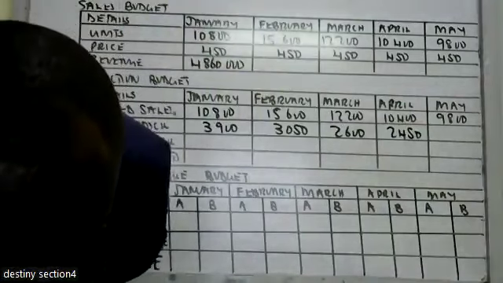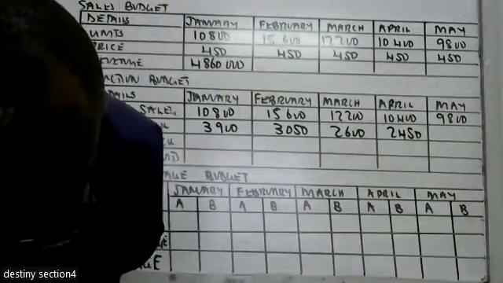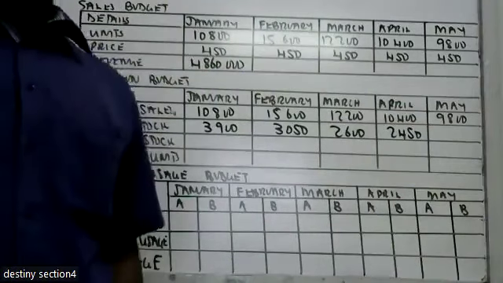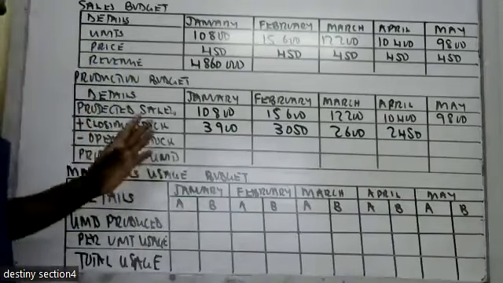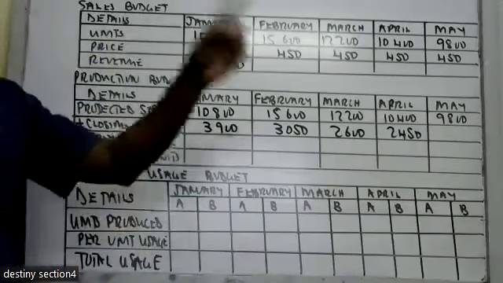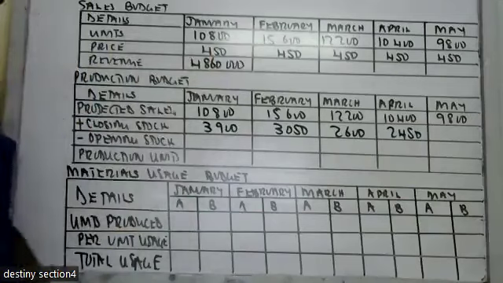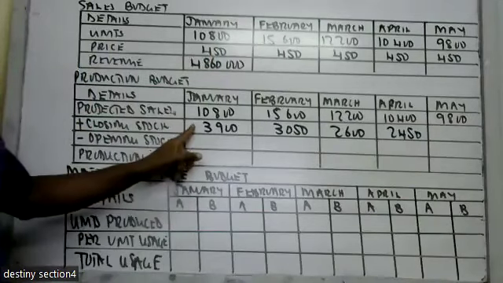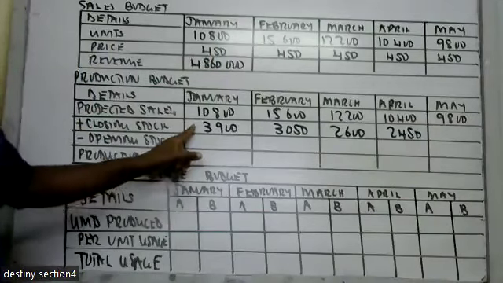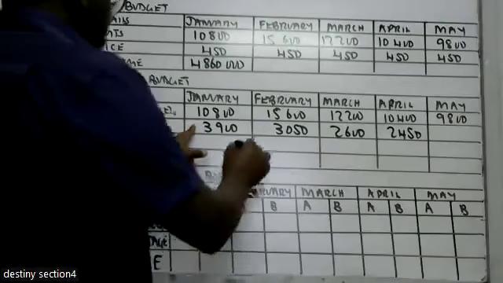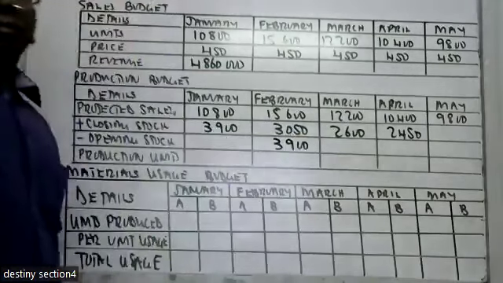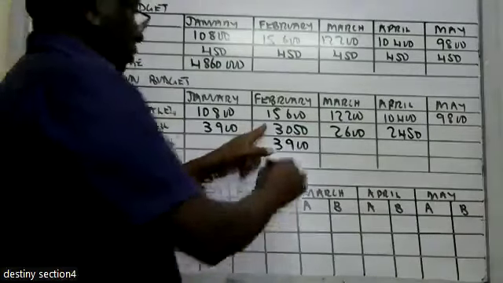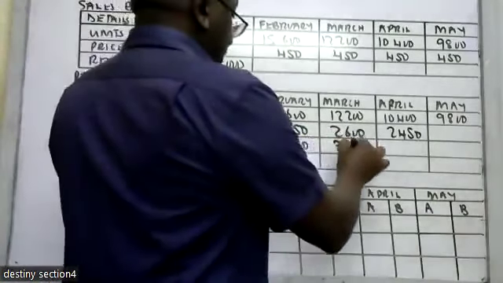Now the question has not mentioned anything to do with opening stocks. But we know what we said yesterday, that the closing today is the opening tomorrow. So if this is what we have closed with in January, that must be our opening in February. The same case here, 3,050.